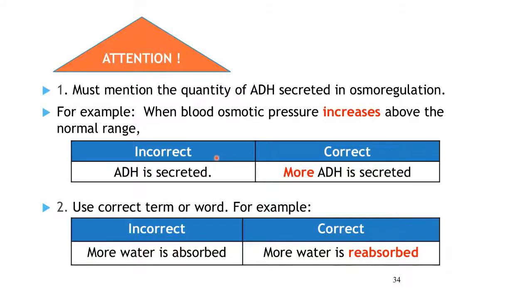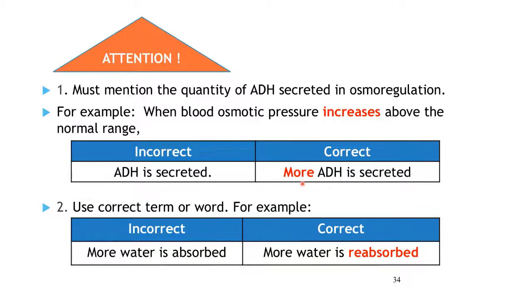This is incorrect answer. The correct answer should be when blood osmotic pressure increases above the normal range, more ADH is secreted. The word more must be mentioned in this answer.